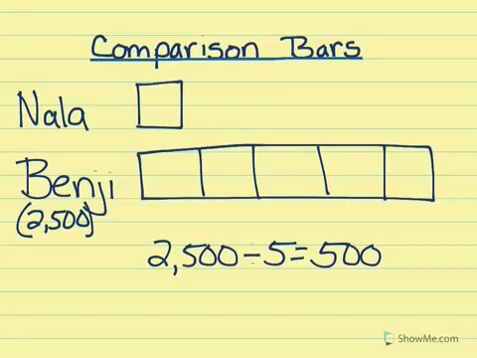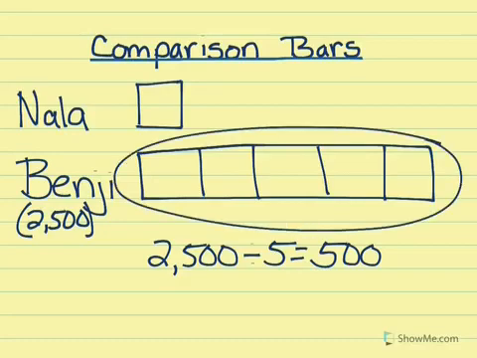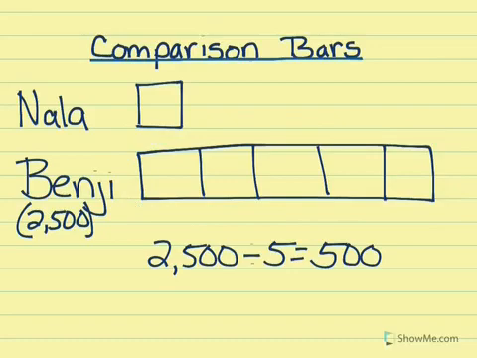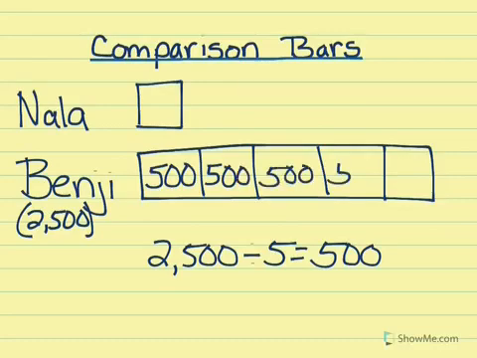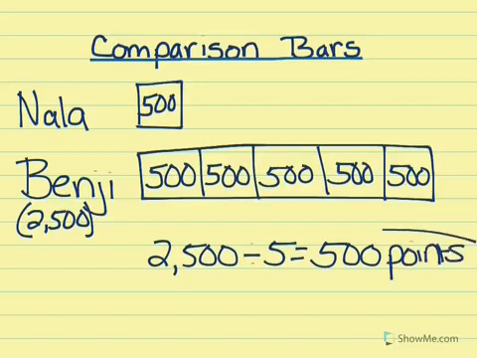Okay, I had that wrong. Nala should have 1 section because she's smaller. But because it's 5 times as much, Benji has 5 sections. So I know each of these sections should be 500. Therefore, Nala's 1 section would be 500. So Nala scored 500 points.